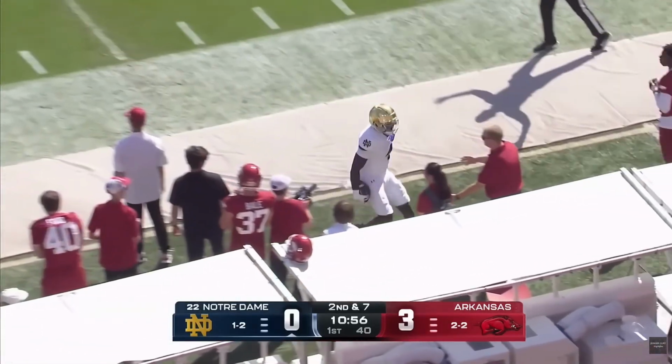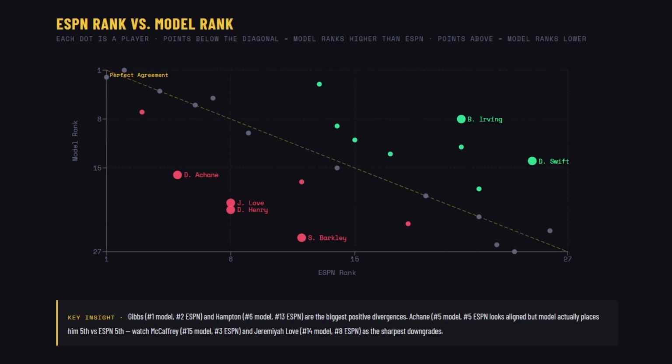especially if you draft him in round 2. Just to really show you what the model thinks about Jeremiah Love right now: he's going as the RB7 to RB8 in ESPN right now, which is a round 2 grade. But the model doesn't even have Jeremiah Love as a top 20 running back, meaning the model wouldn't even take Jeremiah Love in front of players like DeAndre Swift or players that are going like Quinshon Judkins or Cam Skattebo.